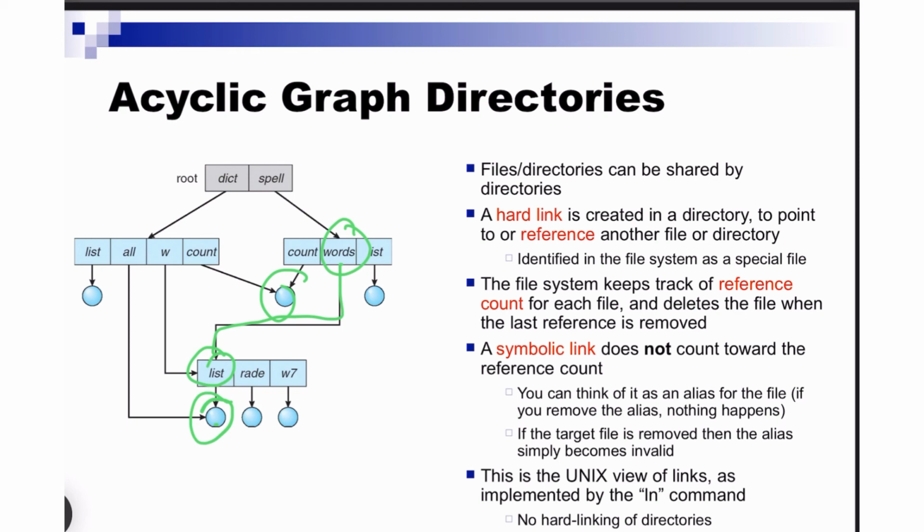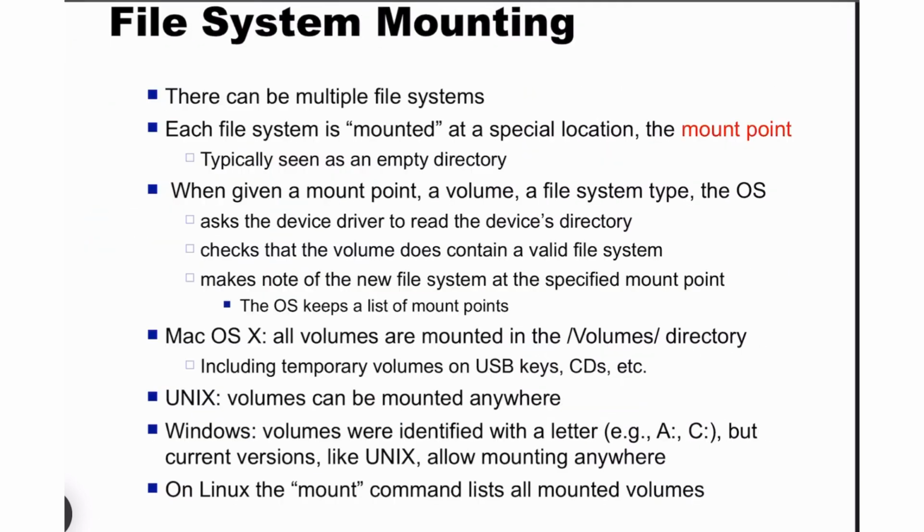The file system keeps track of the reference count for each file. Okay, so we cannot really see this for MS Office or the Windows operating system, but it's very commonly used for our Linux file system.